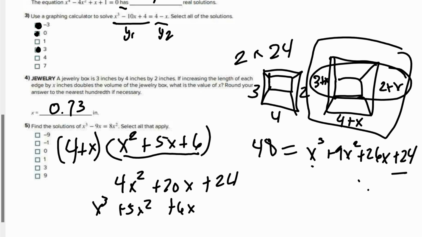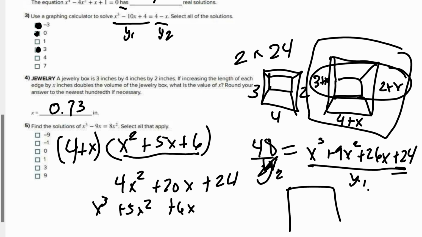So put this as y1 and this as y2, and then make sure your window is probably like 0 to 10, or you can do 0 to 5. But if I put it as 2 equations, I want my top to be somewhere around 50, because if I want 48, then I probably want 50. So maybe 0 to 50, count by 5s or count by 10s, and then look where they intersect each other.